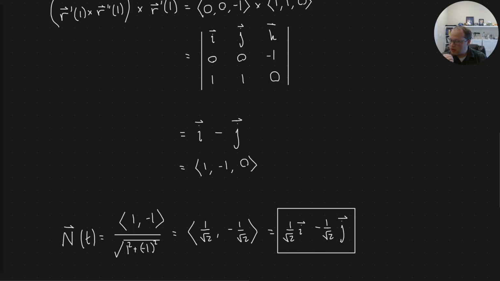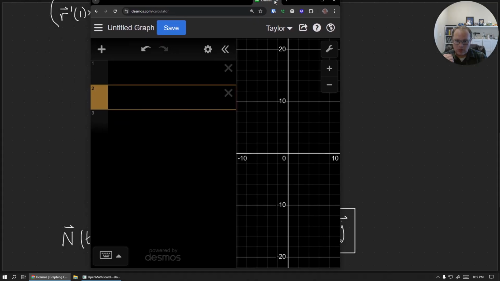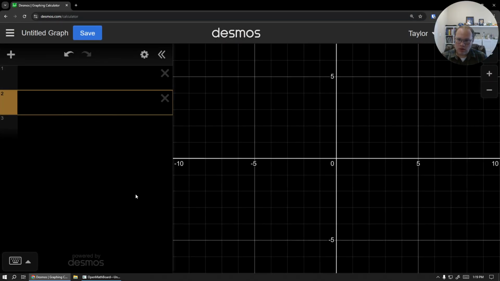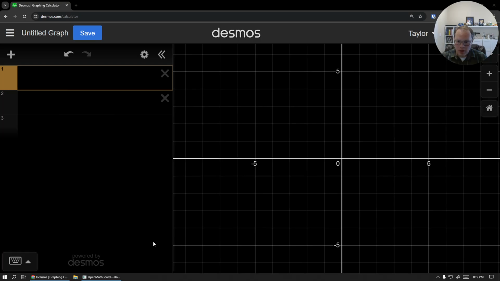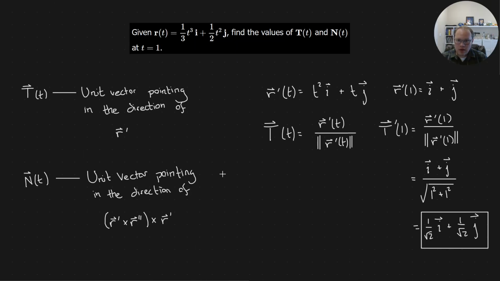So let me pull it over. All right, so let's start by plotting the curve itself. The curve was 1/3 t cubed i plus 1/2 t squared j.